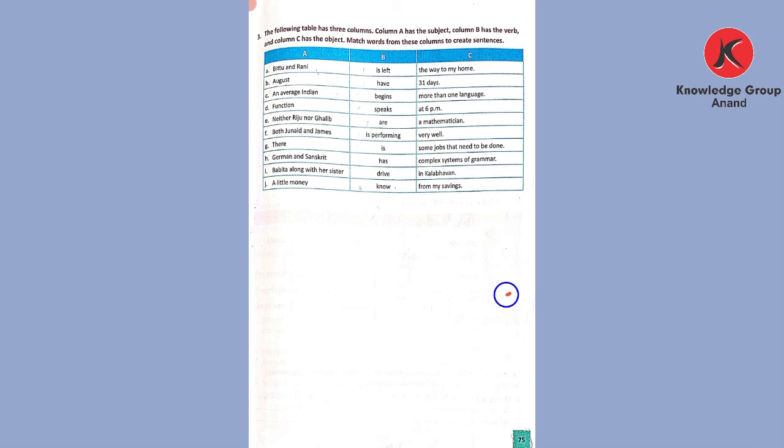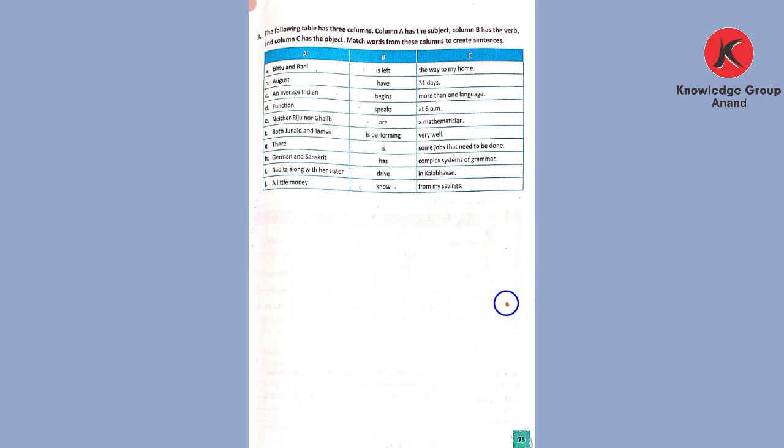There are some jobs that need to be done. German and Sanskrit have a complex system of grammar.